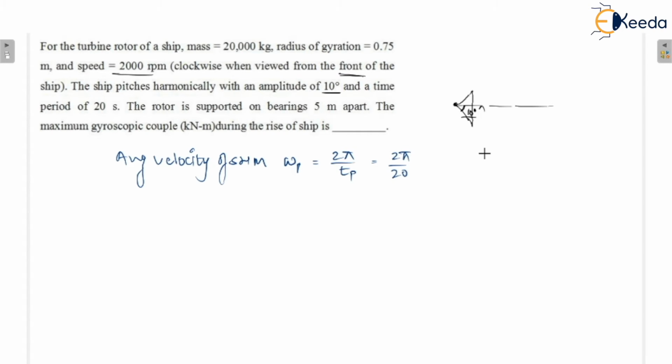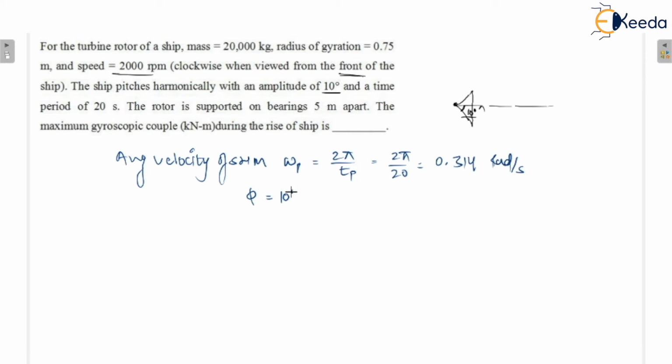When you calculate this, you will get the value of omega 1 as 0.314 radian per second, and phi is 10 degree.